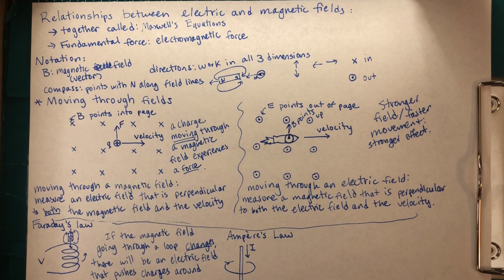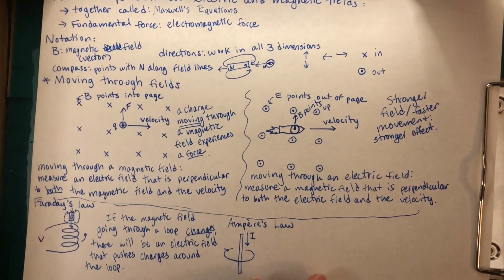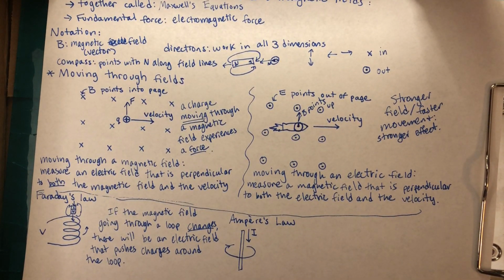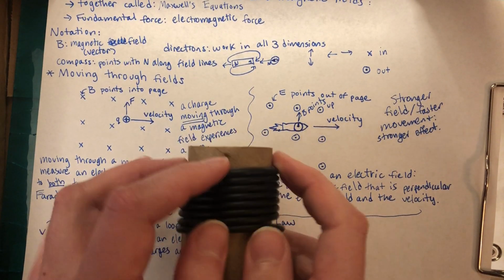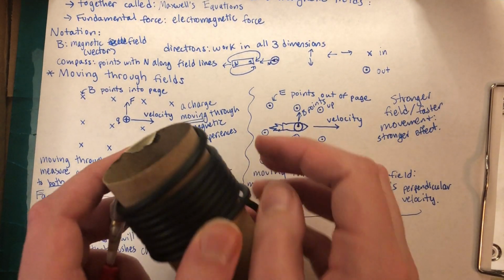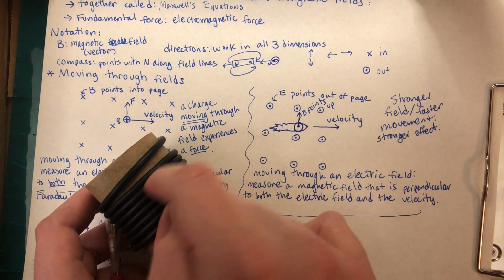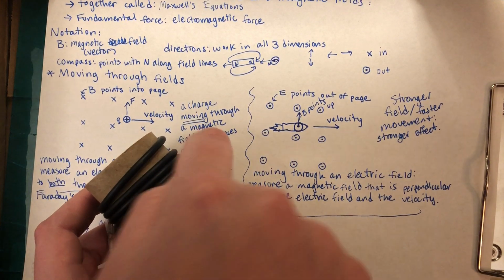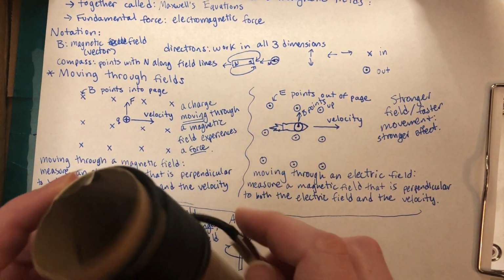So, let me try to show you what this actually looks like. I've got a toilet paper tube and I've wrapped an aux cable around it a bunch of times so that we can hopefully measure the field that will be pushing the charges around this loop.